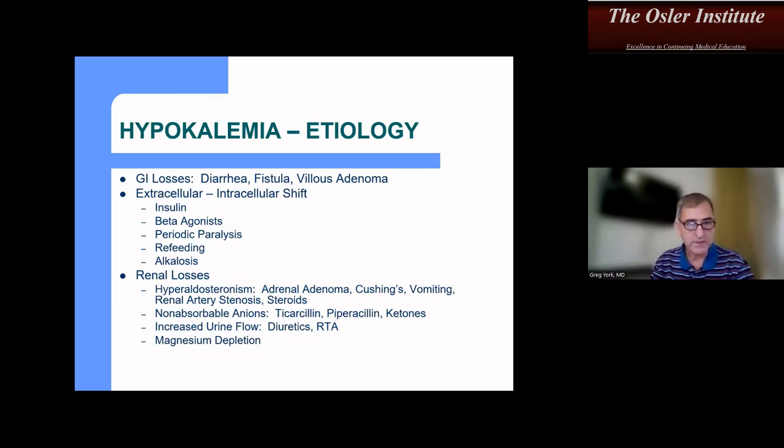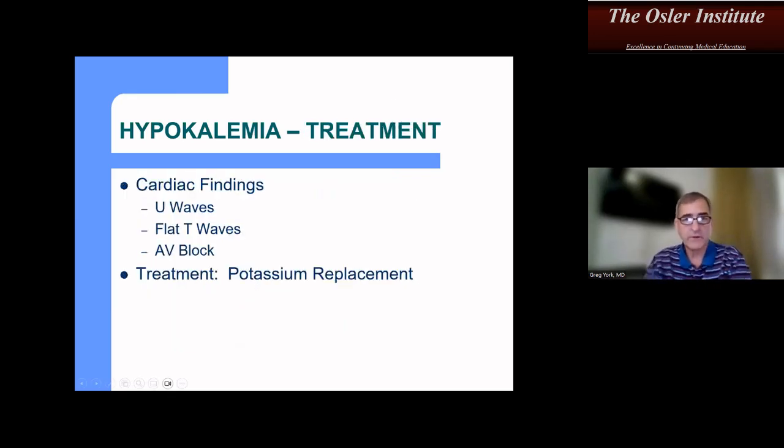And then renal losses can cause hypokalemia, like in hyperaldosteronism, use of diuretics, etc. How do we treat it? Straightforward. We provide potassium replacement. Now, remember, even hypokalemia can cause cardiac issues. You get a flattening of the T waves instead of a peaked T wave like you see in hyperkalemia. What we provide is potassium replacement, as aggressive as we can.